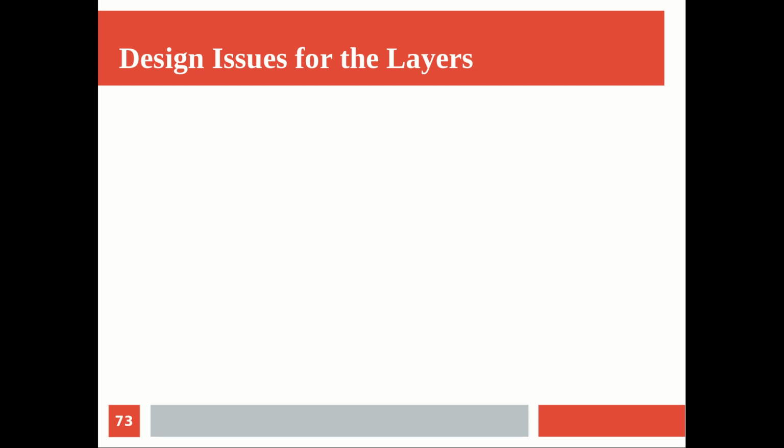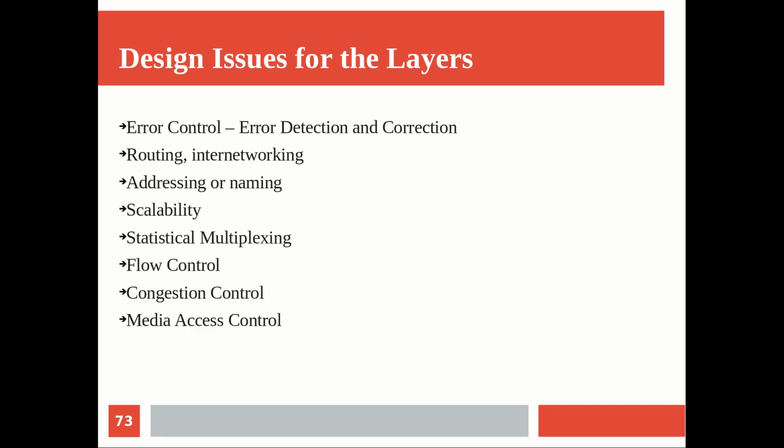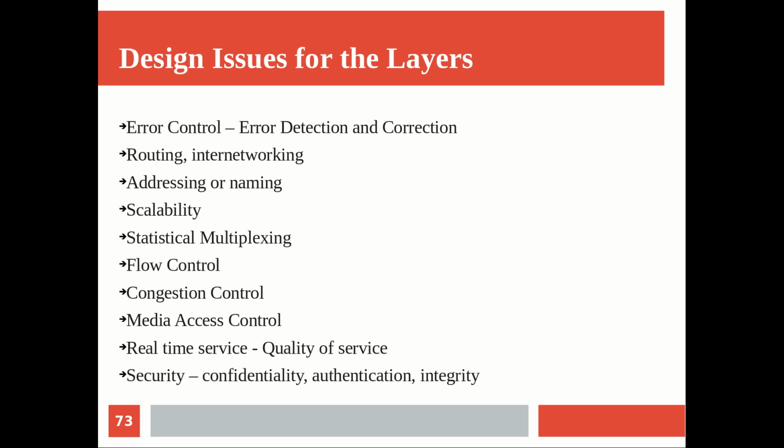Many functionalities we come across are listed here: error control, error detection and correction, routing, internetworking, addressing or naming, the scalability concern, statistical multiplexing, flow control, congestion control, media access control, real-time service like quality of service, security, confidentiality, authentication, integrity, and not only that, the so-called compression, decompression, checkpointing. Like that, many things we discussed.